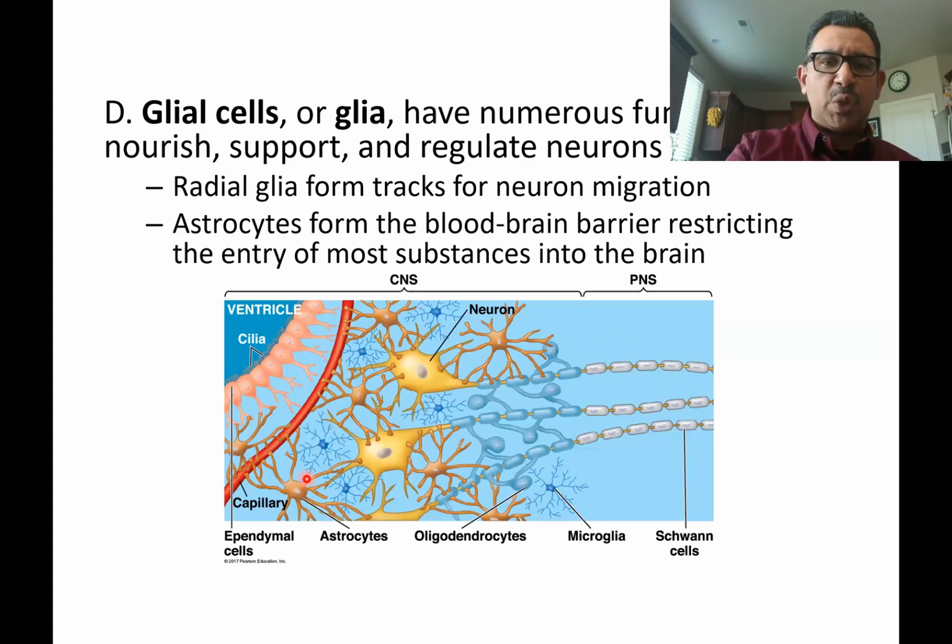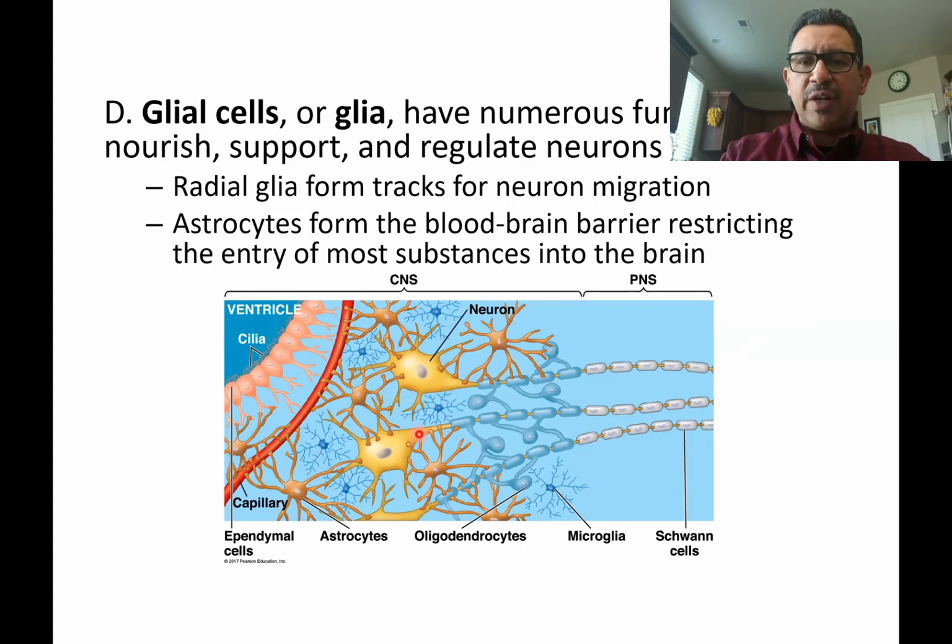Astrocytes, which you can see pictured in this illustration, form a barrier that will prevent the movement of many chemicals, many kinds of materials into the brain, into the cortex of the brain, and that is important. These astrocytes also perform maintenance functions.